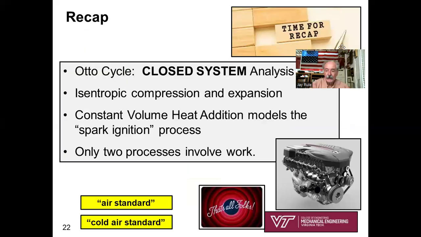So, whew, that was involved, but I'm trying to show you how you would go through it step by step. Rather than using formulas, you're going to find that you benefit by understanding the step-by-step analysis. So Otto cycle, it's a closed system analysis.